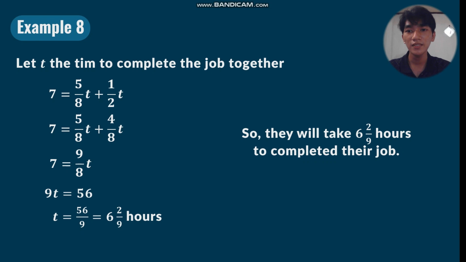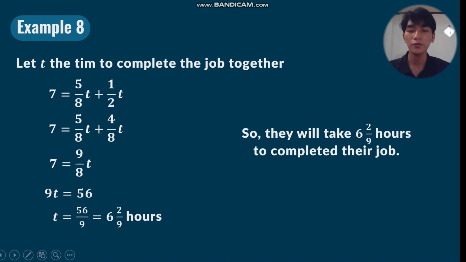So 7 is 5 over 8t plus 4 over 8t. And we can add these terms, so 7 is 9 over 8t.